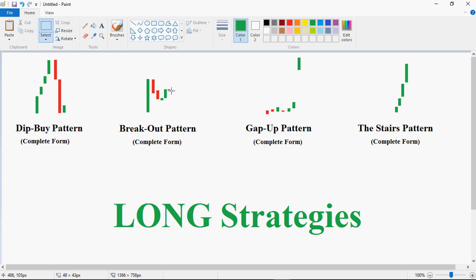It's kind of forming. Or when you come here, it's like this. It's forming. Sometimes it's like this. It's forming. See, it kind of looks like this, yes, but it's not so far down. Okay? It's forming. Okay, with a gap up.